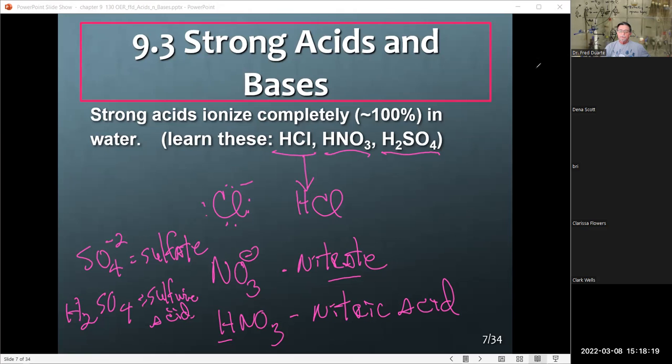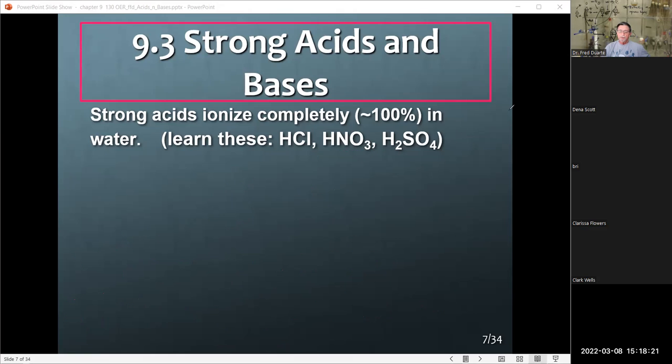All right, so three examples of strong acids. They essentially, when you put them in water, dissociate 100%. So hydrochloric acid breaks up. And remember, I had mentioned to you that hydrochloric acid is a covalent compound.